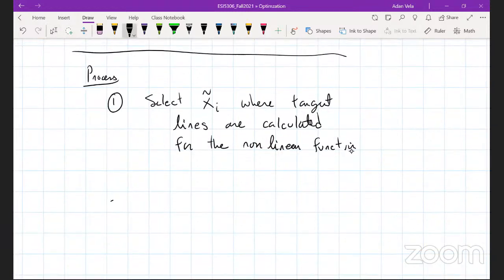After that step, in order to calculate the tangent lines, we're going to want to first calculate the slope, and this is probably the easiest. And we do this just by calculating the derivative.